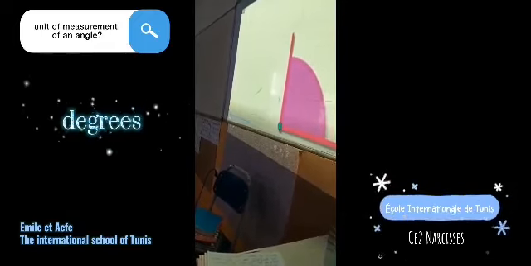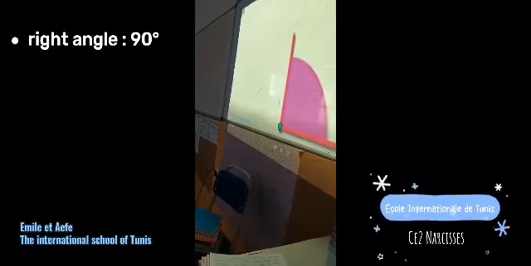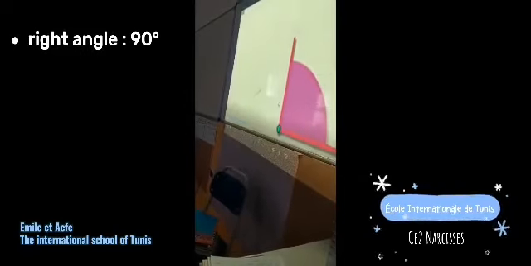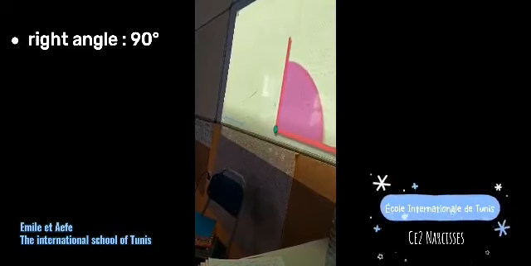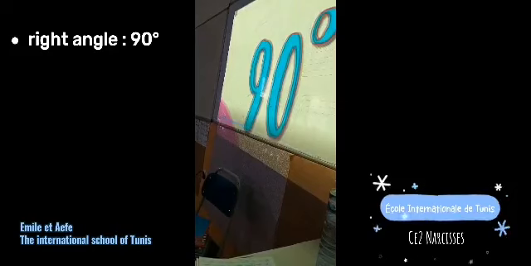So what's the unit of measure of the angles? The degree. And what's the most important angle? The right angle. This one. When we compare to know the other angles, we have to compare this angle with the others. So as we already said, the right angle is the most important.